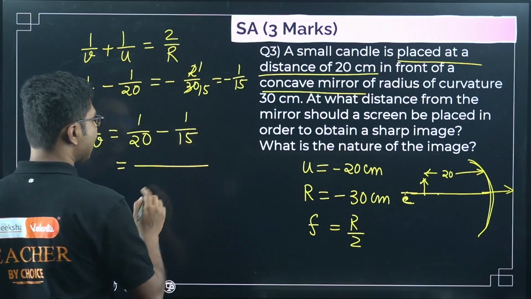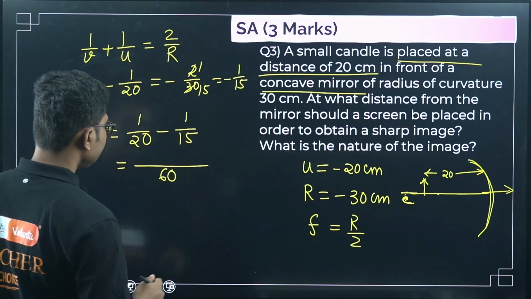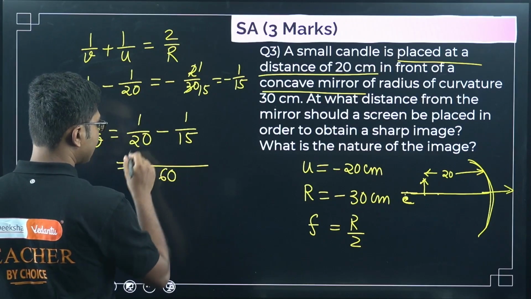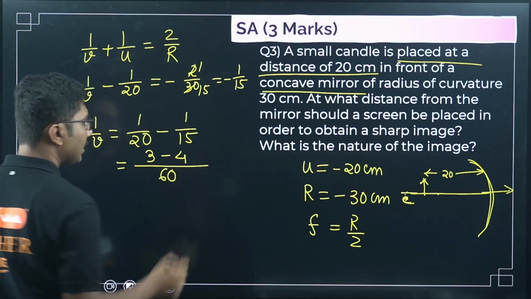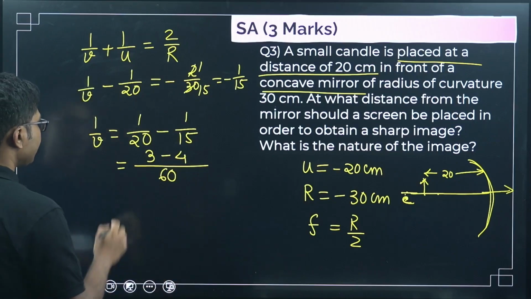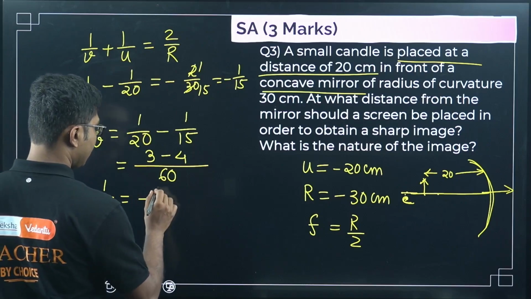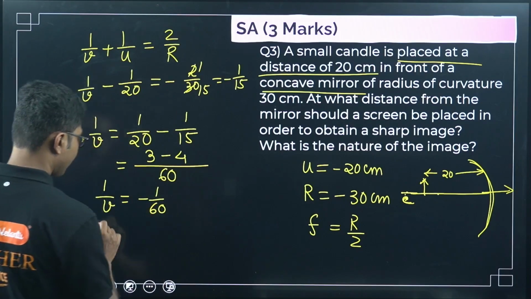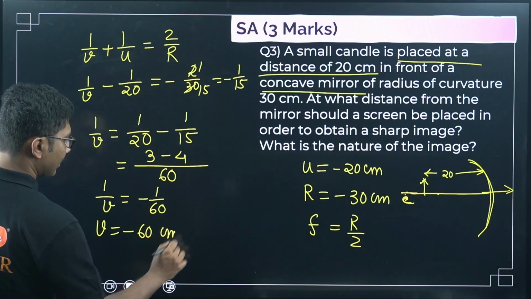The LCM of 20 and 15 is 60. Now 60 means 3, and 4 15s are 60, so 4. So 1 by v equals minus 1 by 60, so v equals minus 60 centimeter.